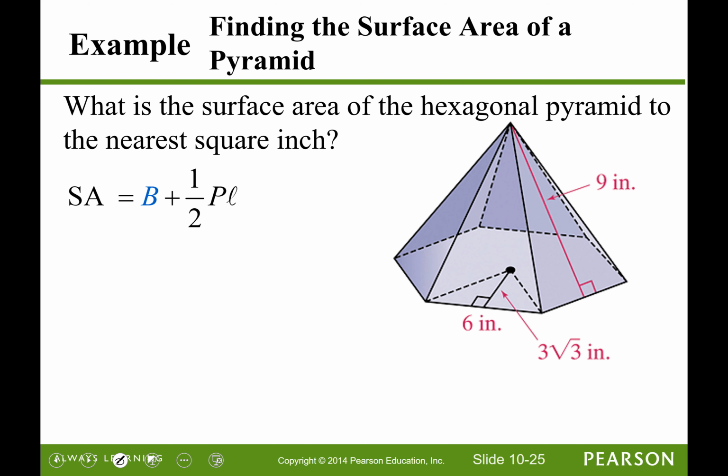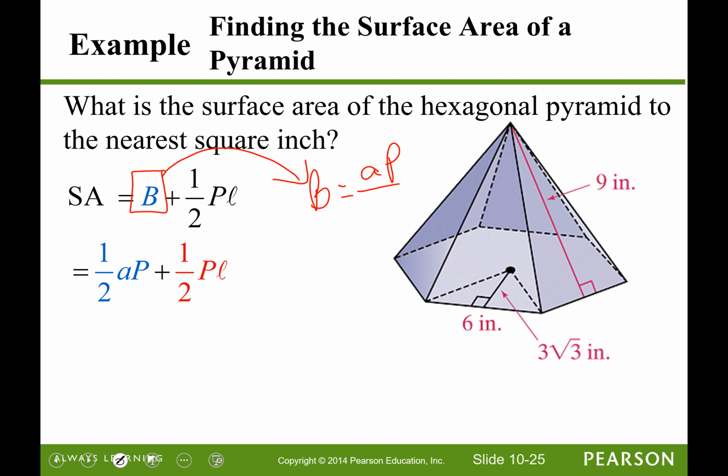Let's turn capital B into 1/2 apothem times perimeter. We worked on this a lot in the last unit: capital B, or the area of any regular polygon, is the apothem times the perimeter divided by 2.